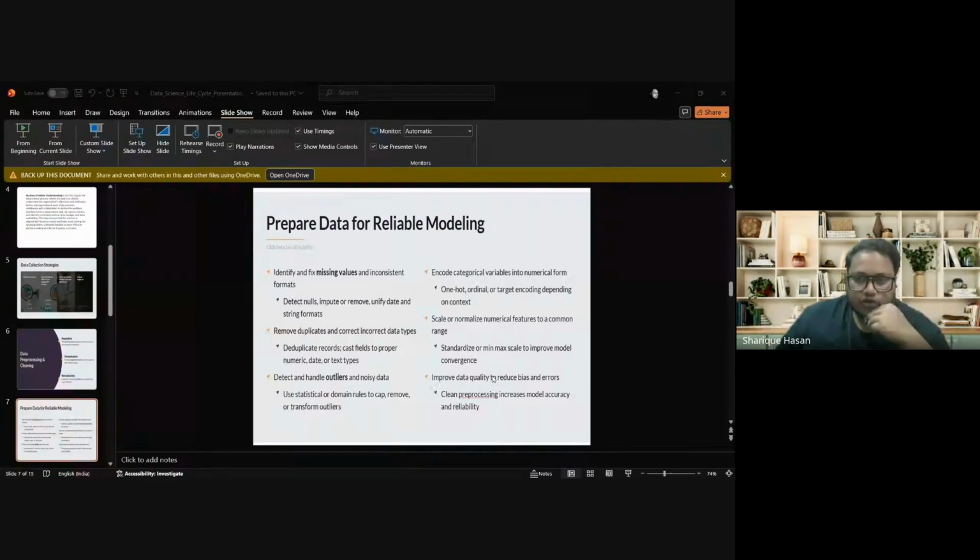Or you can write anything in the chat box also. Should I explain this slide one more time? I will explain if you want. Sometime during the meeting, the voice was not audible.